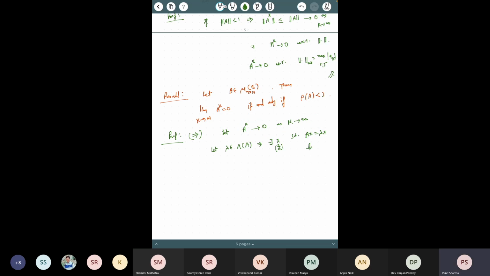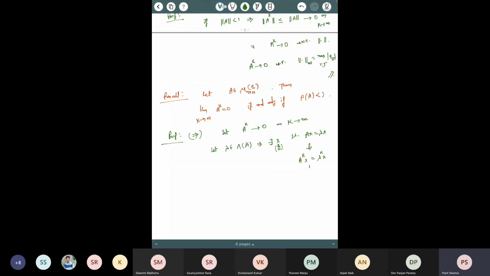If Ax equals lambda x, then A to the power k applied to x is equal to lambda to the power k times x. This is because we have a relation between eigenvalues of A and A square, or any power of A. But what is given to us? A to the power k goes towards 0.